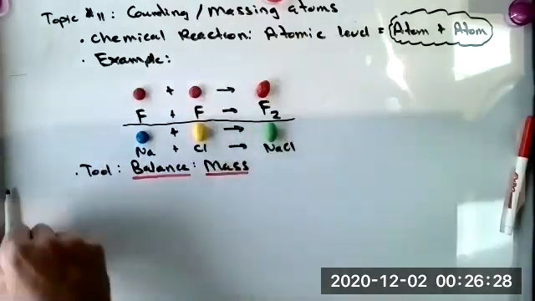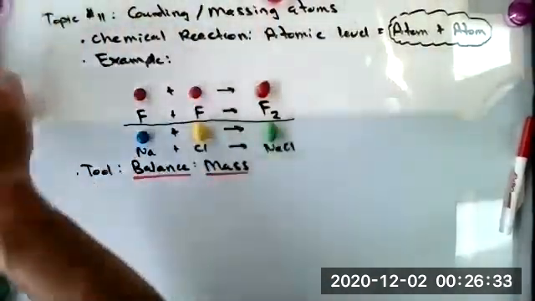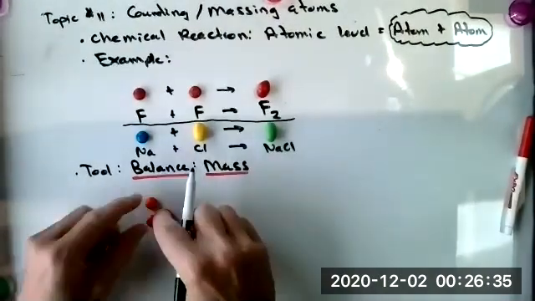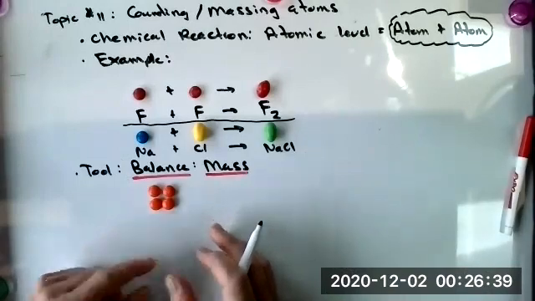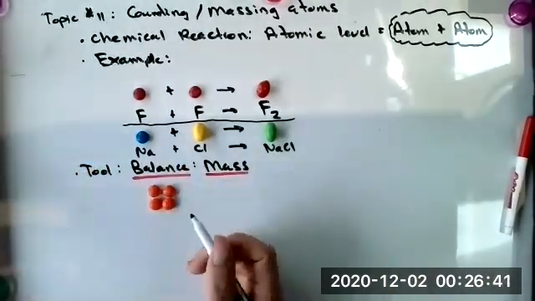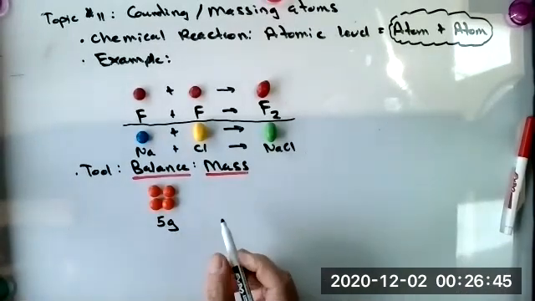So check this out. So let's say I have these four atoms. Let's say the combined mass of these four atoms is 5 grams.